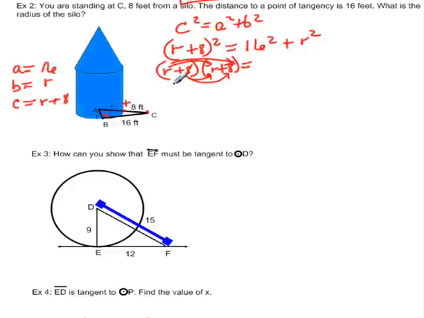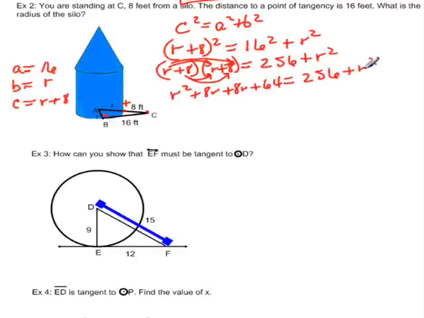Okay, so R times R is R squared. R times 8 is 8R. 8 times R is another 8R. And 8 times 8 is 64. Now when we square 16, we get 256. And then R squared, of course, is R squared. So this is equal to 256 plus R squared.